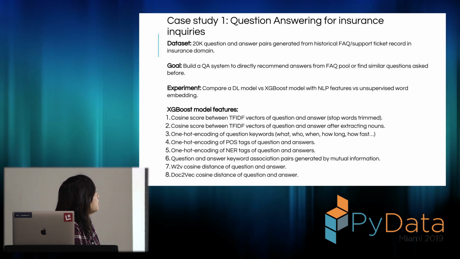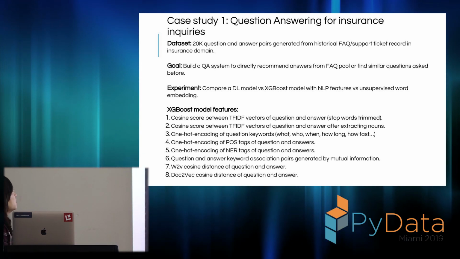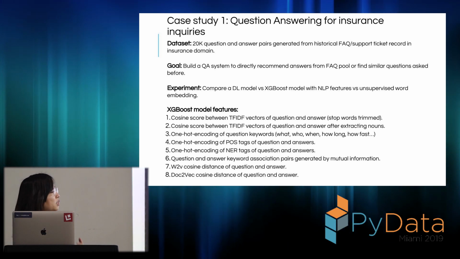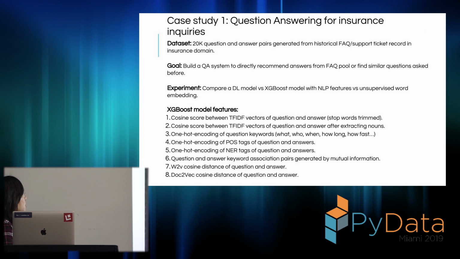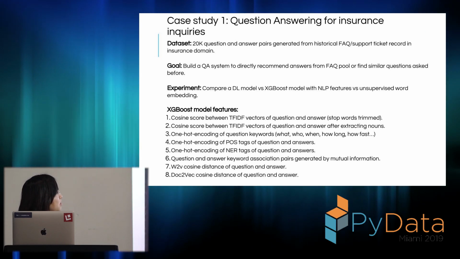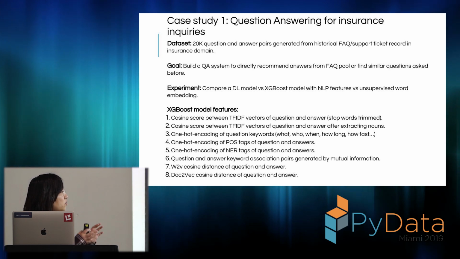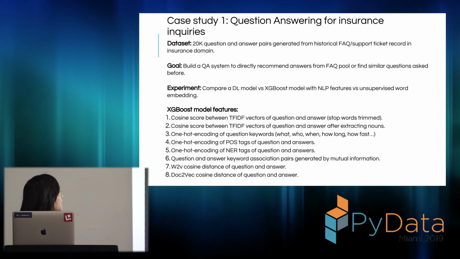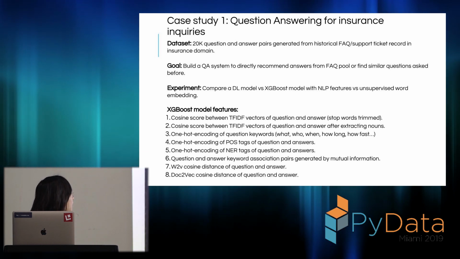versus unsupervised word embedding. So as you can see, for the traditional machine learning XGBoost model, we have to manually build a set of NLP features. The typical one is a cosine score between the TF-IDF vectors of the original question and answer, or the question and answer after extracting only nouns or verbs. And I extract the question keywords, the part-of-speech tag, and NER tag.